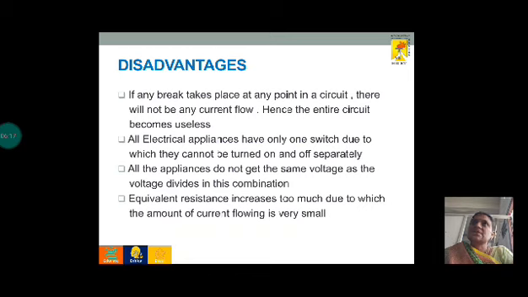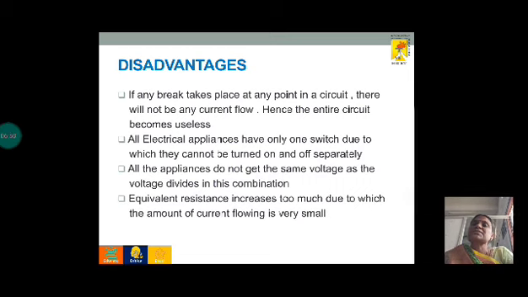The appliances connected in series have only one switch, due to which they cannot be turned on and off or controlled individually. In a series combination the voltage divides, so the appliances will not get enough voltage to function successfully.